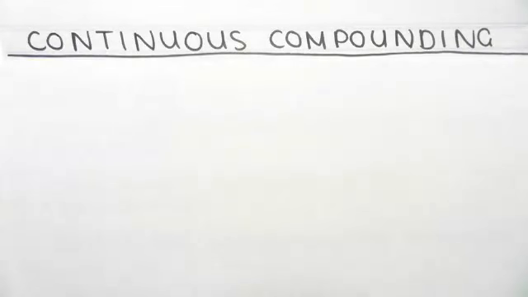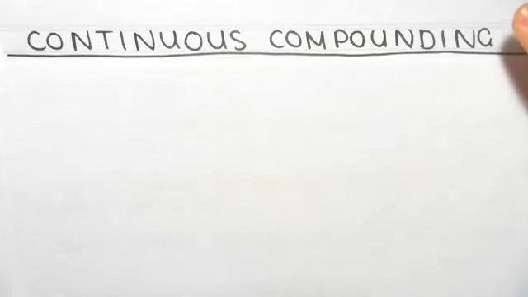So in this session we're just going to take a look at what's known as continuous compounding. We've already taken a look at simple interest and compound interest and the differences between them conceptually, as well as looked at some examples. And then we've extended the idea of compound interest to include multiple cash flows through an annuity.